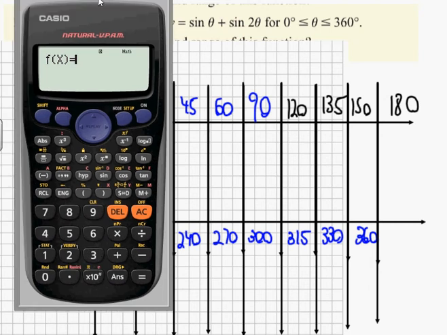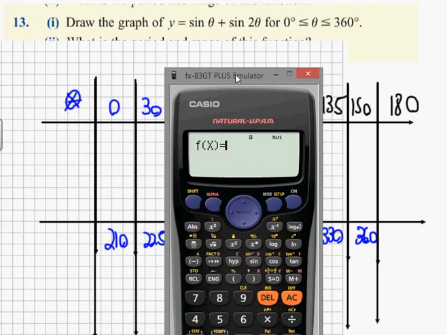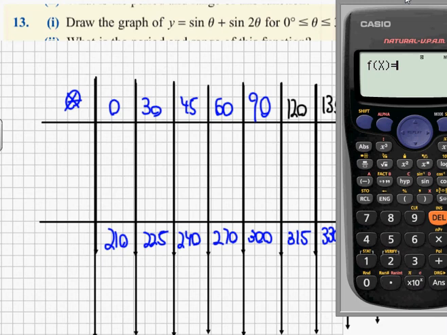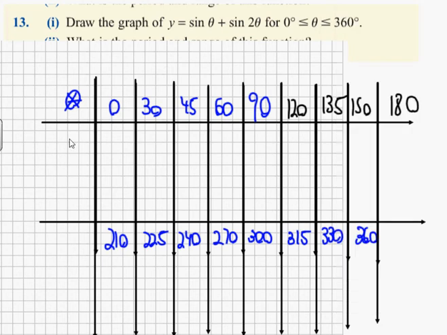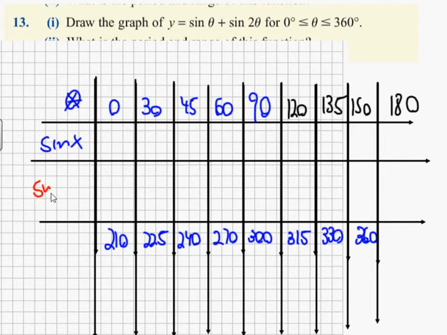The first table we're going to do is the sin x version, and this one underneath will be the sin 2x version. You could do it all in one fell swoop, but I want to show you what's actually going on when you're adding the heights of each one together.